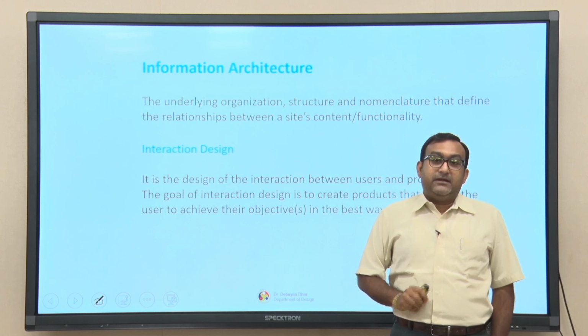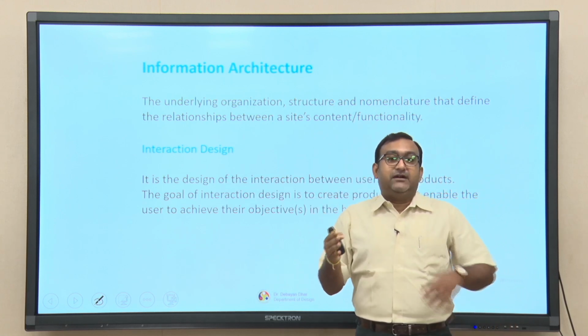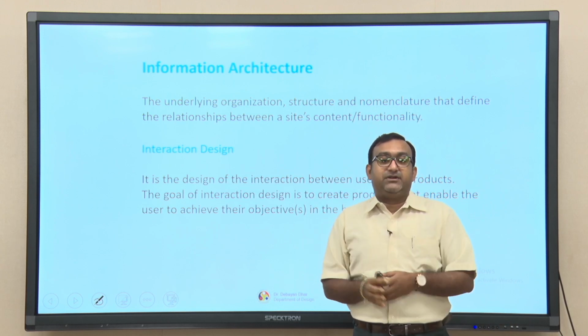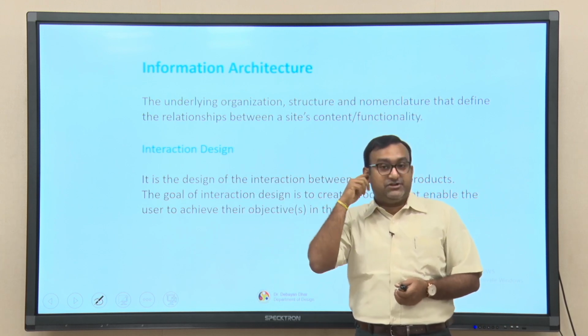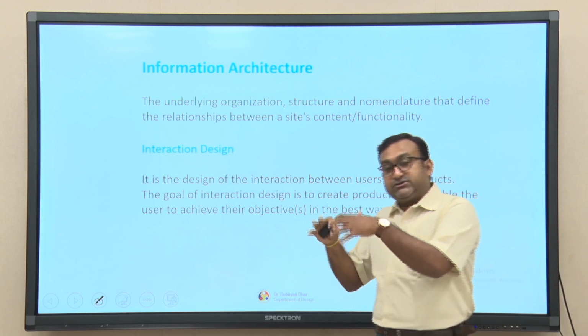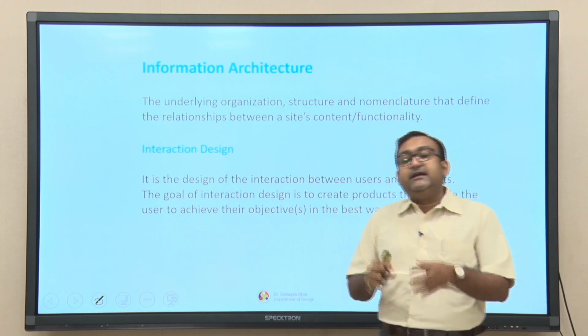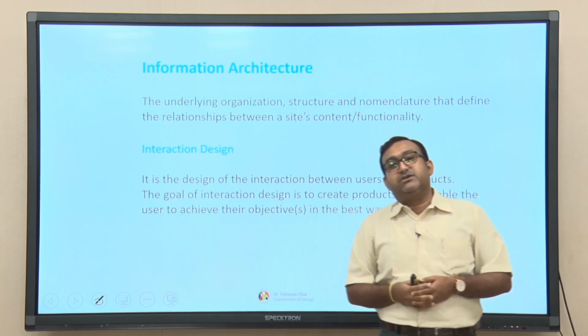That organization, that structure, that clustering of information according to nomenclature and the relationships based on your software or the site's content and functionality is what we define as information architecture.